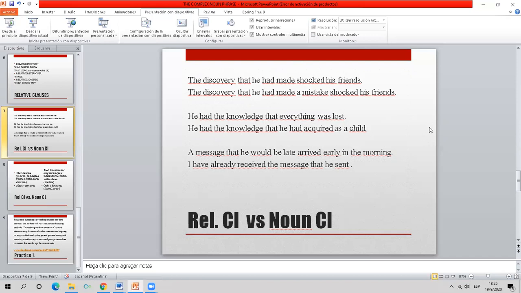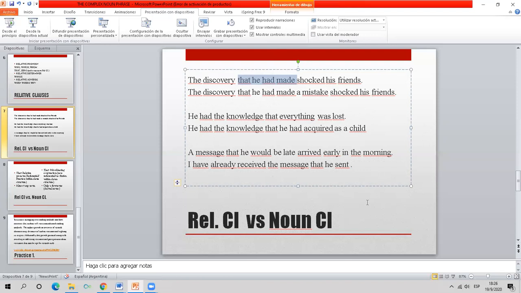What about the first pair, which is the relative clause? The first one, the discovery that he had made shocked his friends. Here you have an example of a restrictive relative clause.